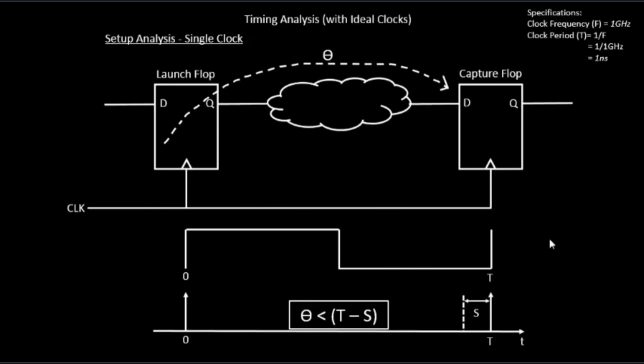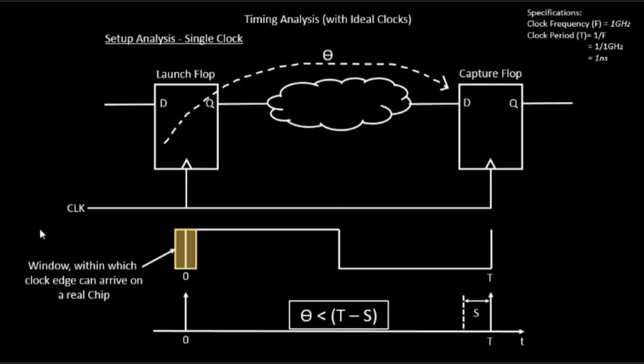Okay, so let's move on and bring in more practical scenarios. The next one that we'll be talking about is something called jitter. So what happens is this clock is created by a PLL, a phase locked loop, or there is some clock source present over here.